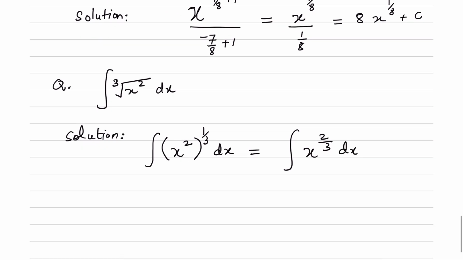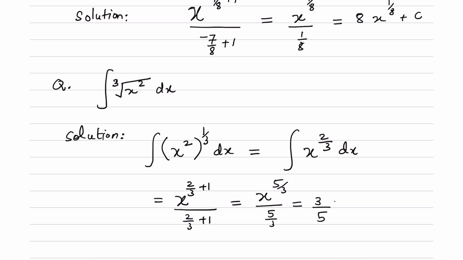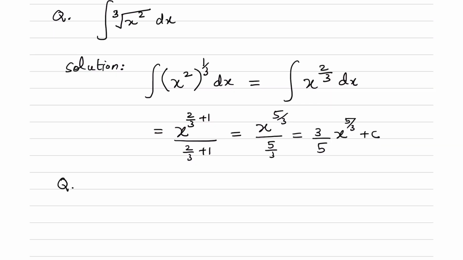And then to integrate x to the power 2 by 3, we will simply apply the power rule of integration, which is 2 by 3 plus 1 divided by 2 by 3 plus 1. So here we have x to the power 5 by 3 divided by 5 by 3. When 5 by 3 comes up, it can be written as 3 by 5 into x to the power 5 by 3 plus some constant.